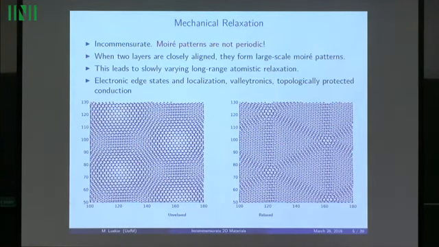In fact, the length scale grows inversely proportional to the rotation angle. So the smaller the angle, the larger the Moiré cell. We'll compute a formula that tells us exactly what the Moiré lattice, what the Moiré cell is, as we go along in the lecture.